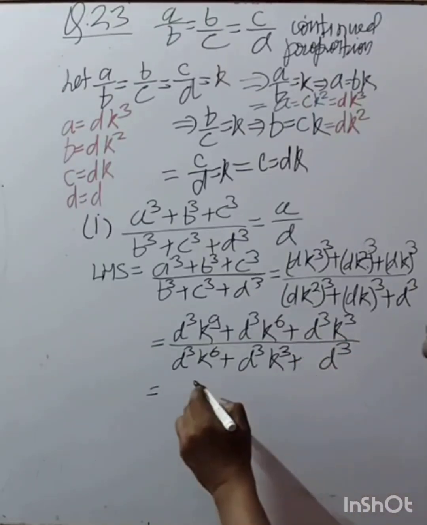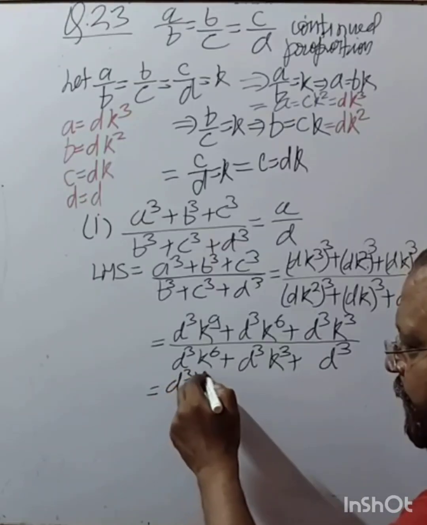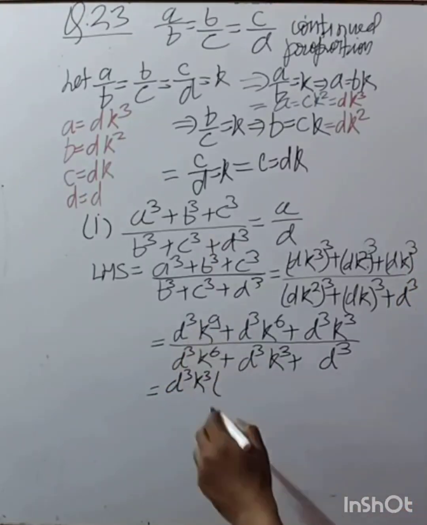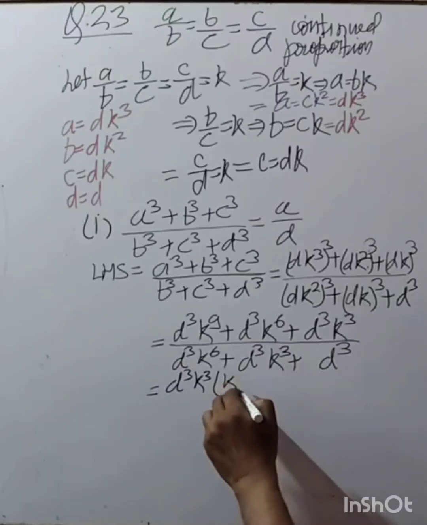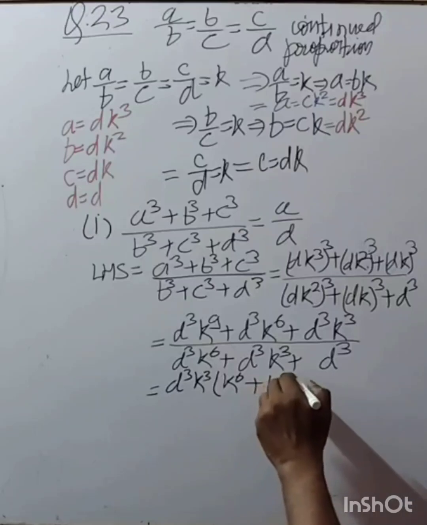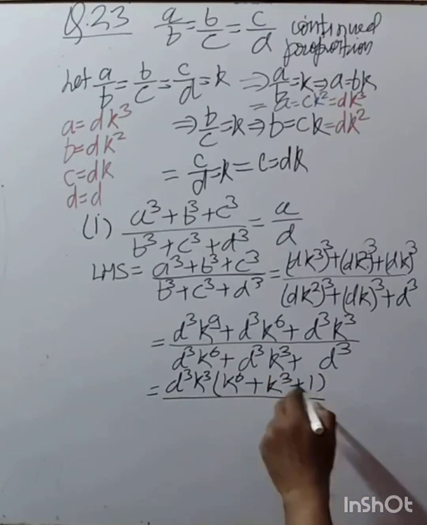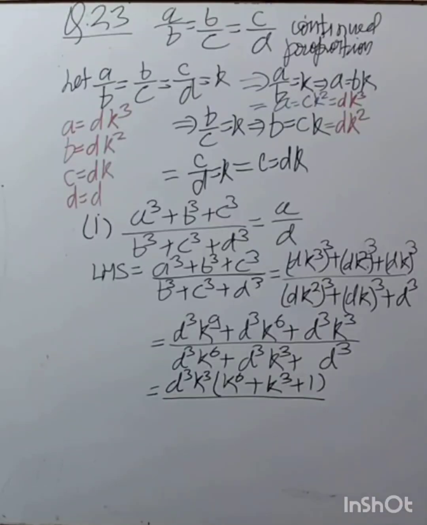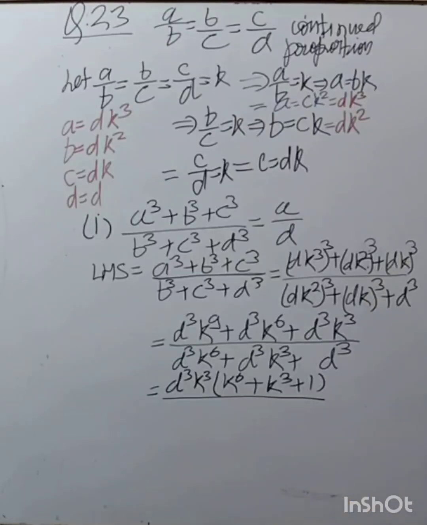D cube K cube. D cube K cube you have taken as a common, so how much will you get? K raised to the power 6 plus K raised to the power 3 plus 1. If you take from here, the lowest power is D cube.